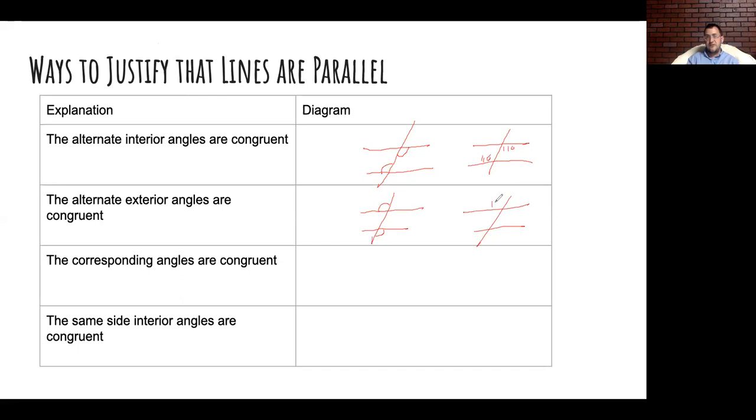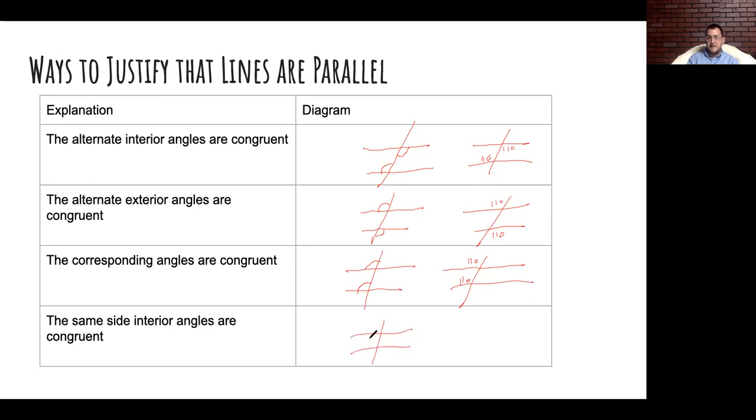So if I have a situation like this, so I kind of put in hypothetical numbers. The corresponding angles are congruent. So this is if this angle and this angle are corresponding. So I could say that. Or if these are marked congruent, and then the same side interior angles.